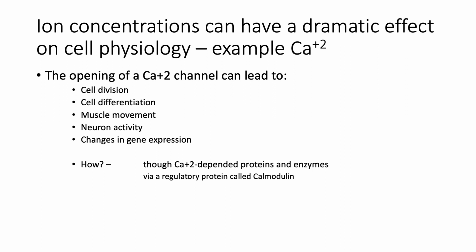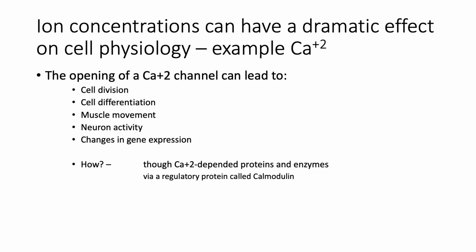So the opening of the calcium channel, depending on the cell type, can lead to enormous changes in the cell behavior. It can lead to cell division, cell differentiation, muscle movement, neuron activity, changes in gene expression. So the flow of the ion generates all these various different phenotypes of cells.